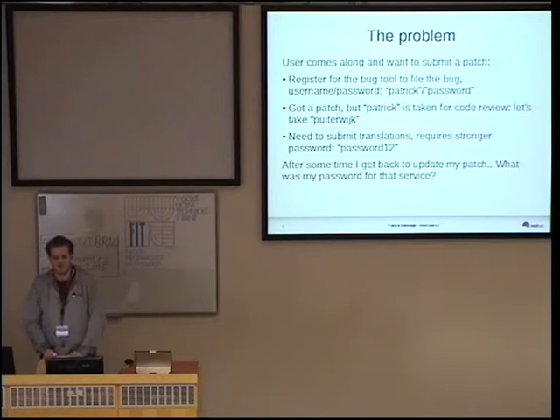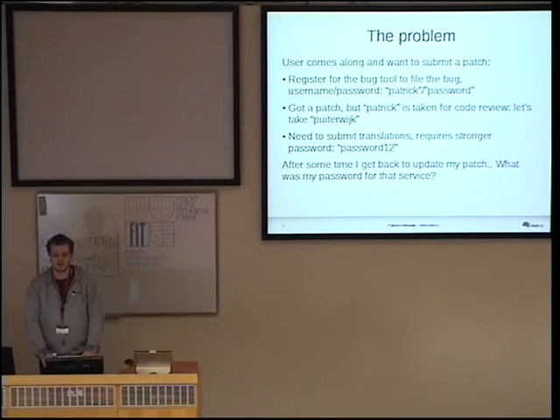So, a month later, I get an email from the code review tool saying someone reviewed your patch, he has some comments, and he asks you to update the patch. Okay, you go to the code review tool and you try to log in. What password did I use for this service, and what username? Let's hit the forgot password button.